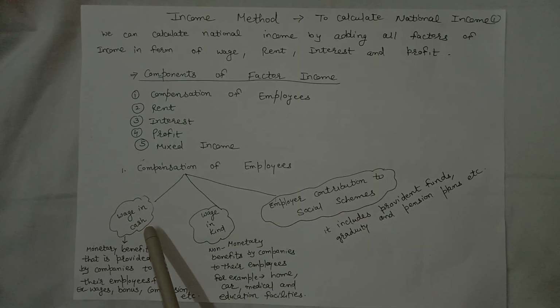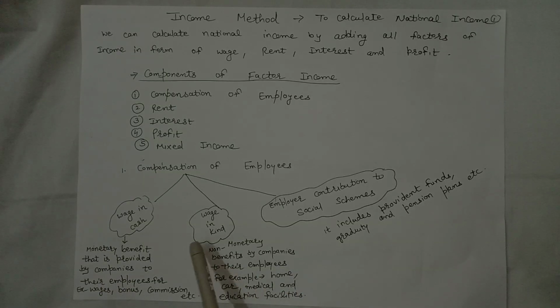So what is wage in cash? Wage in cash is the monetary benefit provided by companies to their employees, for example wages, bonus, commission, etc. Then wage in kind: non-monetary benefits given by the companies to their employees.